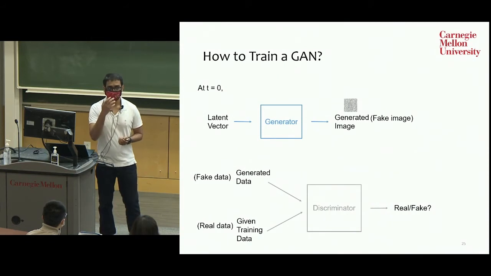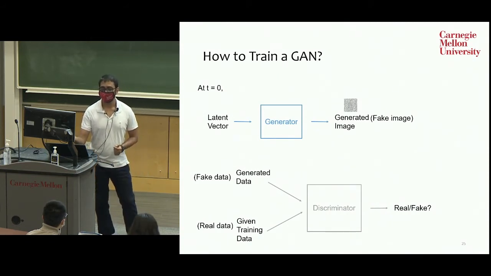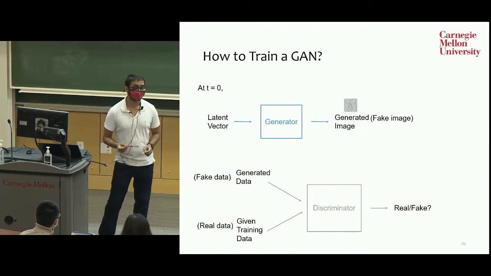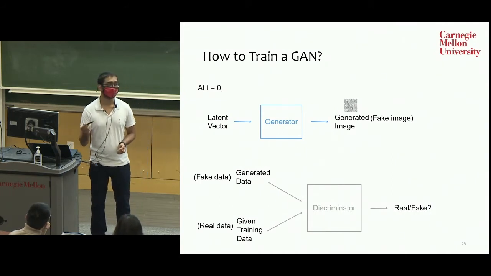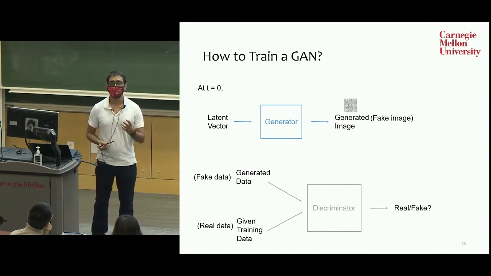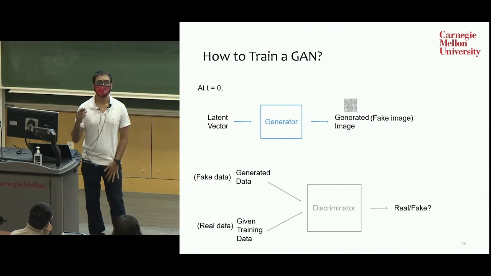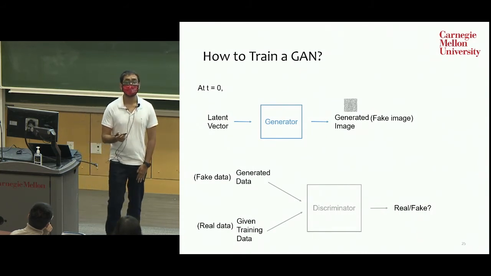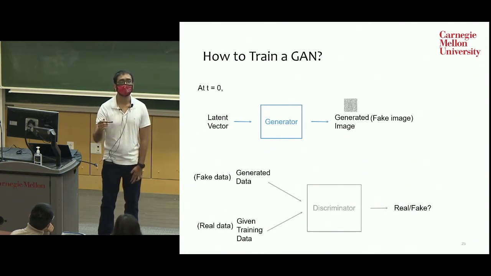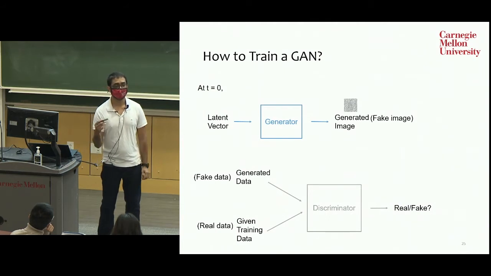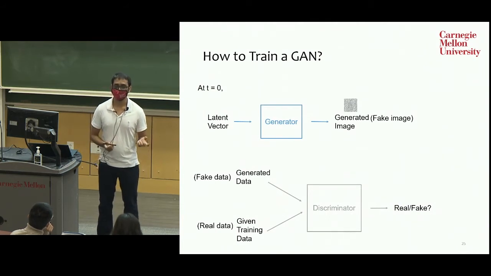Once I have passed the generated data and the training data to the discriminator, if the discriminator spots whether an image is generated or actual, and gets it right, it acts as a penalty to the generator.